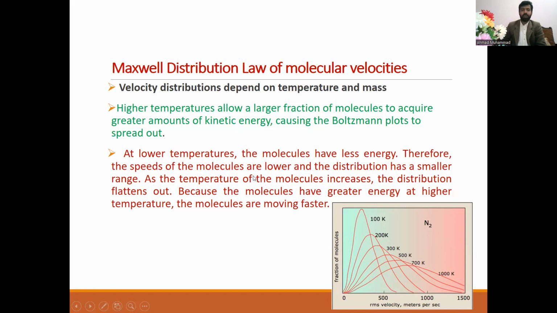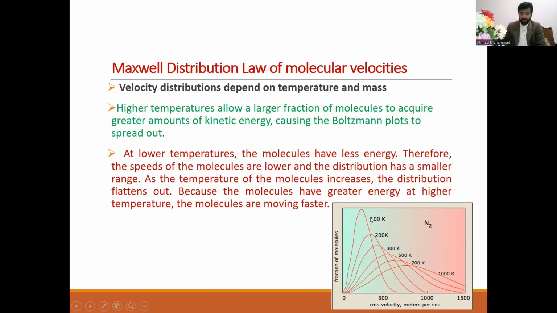Therefore, the speeds of molecules are lower, and the distribution has a smaller range. As the temperature of the molecules increases, the distribution flattens out, and because the molecules have greater energy at higher temperature, the molecules of a gas are moving fast.